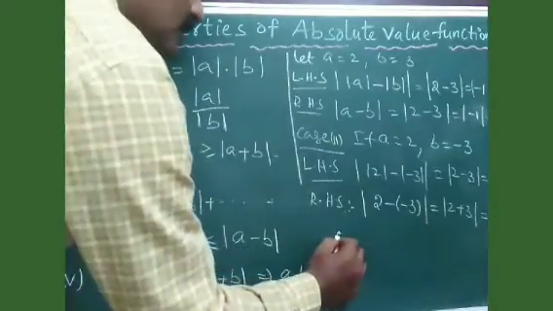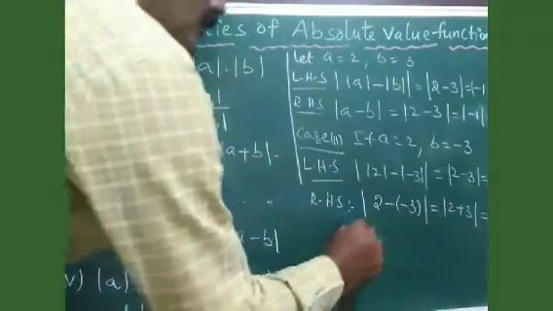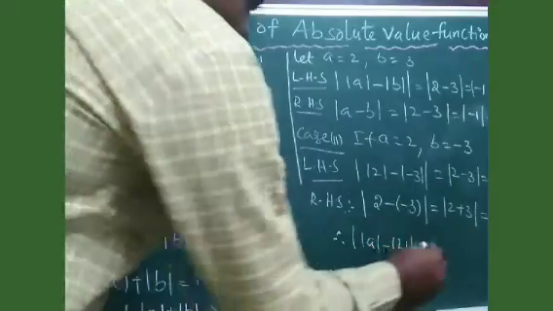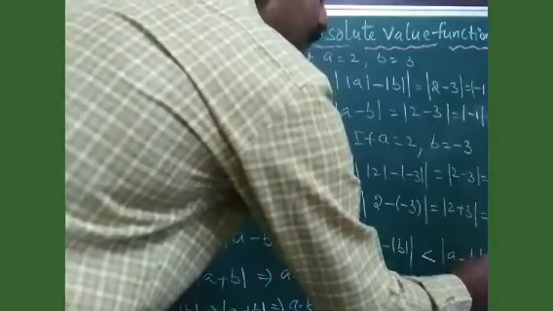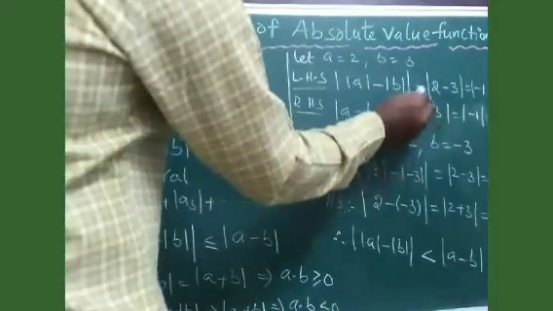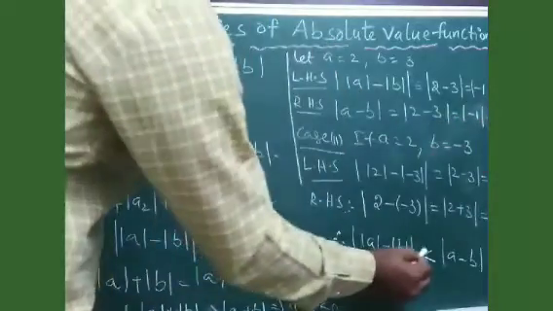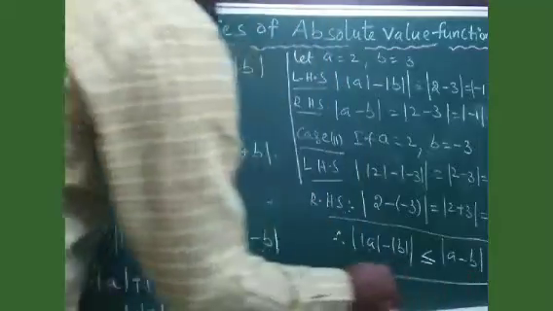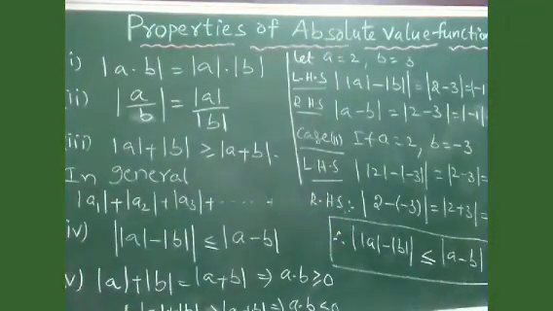Therefore we can mention that modulus of A minus modulus of B is less than modulus of A minus B. But in the above case, they were equal. So hence it is less than or equal to. So this is property number 4, that is modulus of A minus modulus of B less than or equal to modulus of A minus B.